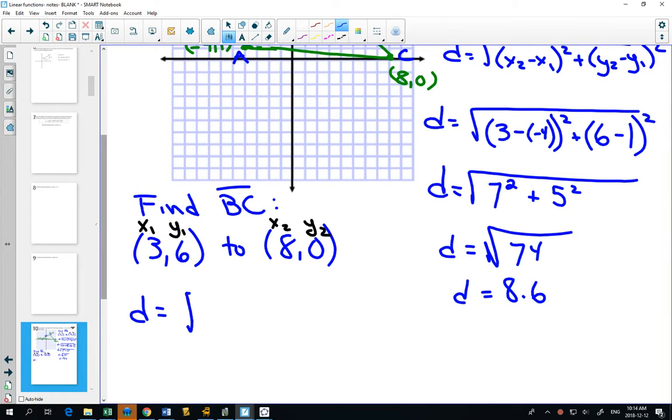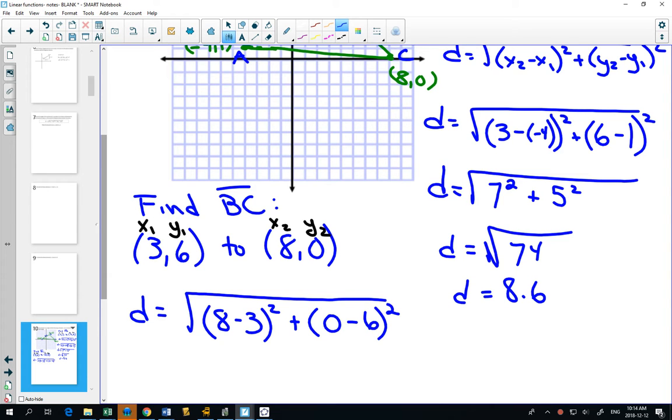We've already written out our distance formula, so x2 minus x1 plus y2 minus y1. And we get 5 squared plus negative 6 squared.